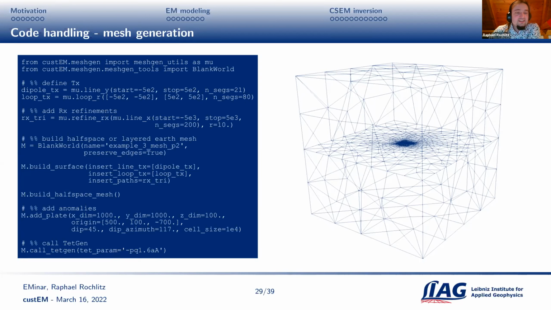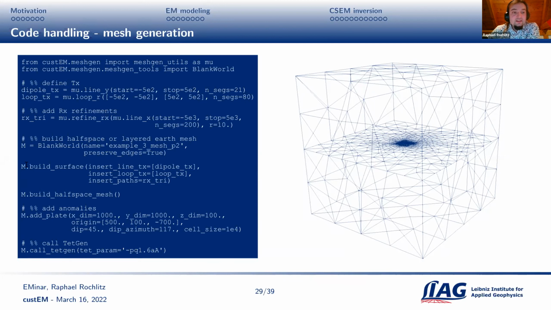We need to define some transmitters, for instance, a dipole transmitter with 20 segments and an additional loop transmitter. And we can add our refinement triangles to our mesh. We basically build an empty world in the beginning, which is the blank world with a name.